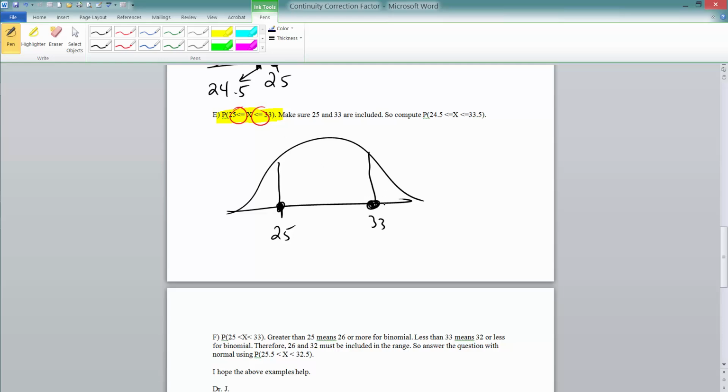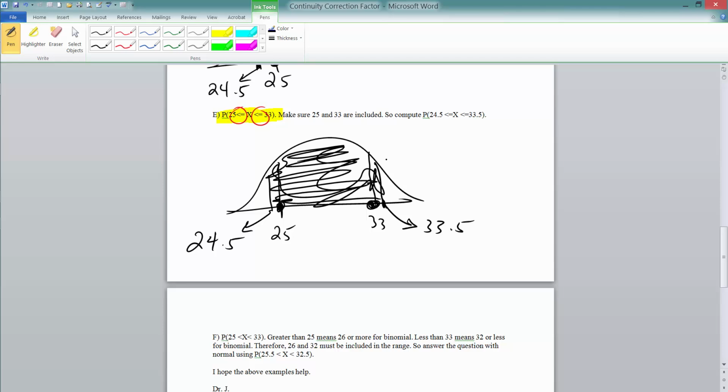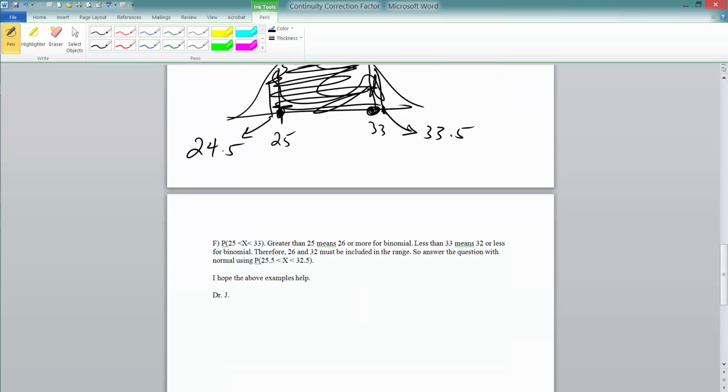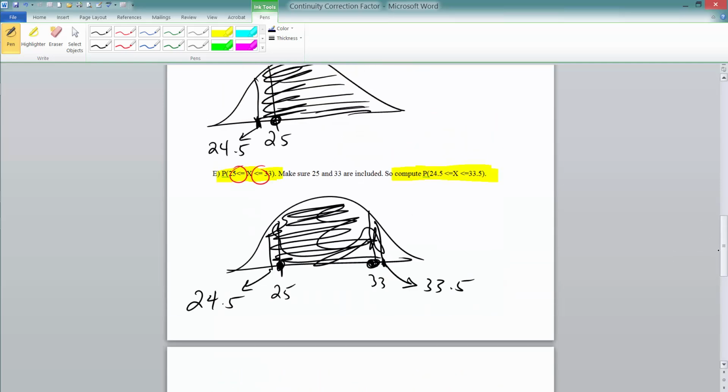For those to be included, I would have to increase my range to include those two values. So it should go from 24.5 to 33.5, which is what my solution tells you. So we need to subtract the continuity correction factor from 25 and add it to 33 so that our range for the normal distribution calculations includes those two values, because that's what the problem is asking for.